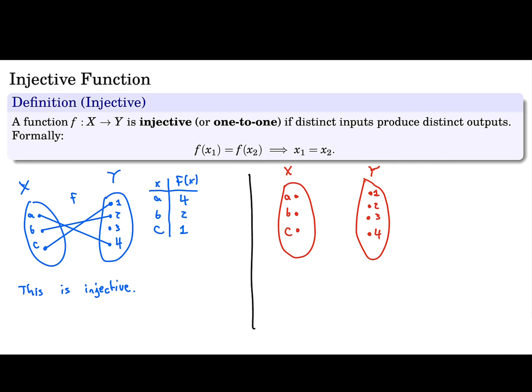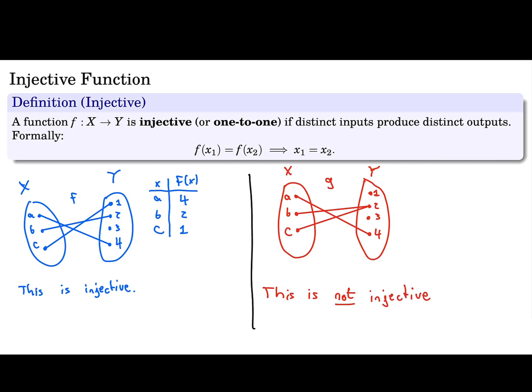And let's consider a different function, one that maps a to 4, b to 2, and c to 2. Let's call this function g. Then this is not injective.